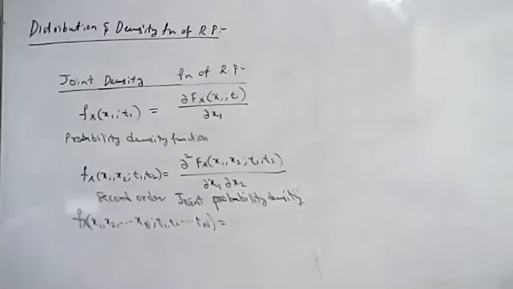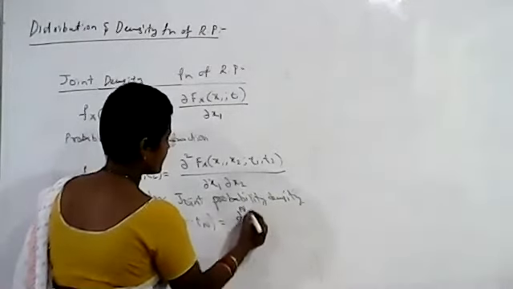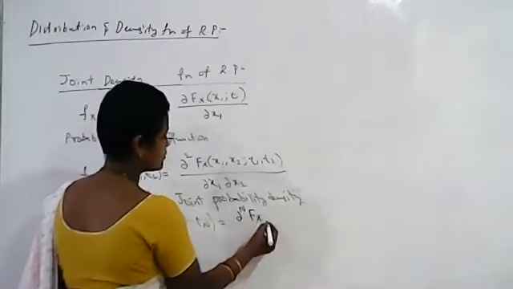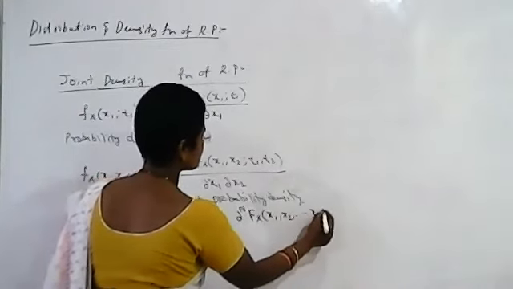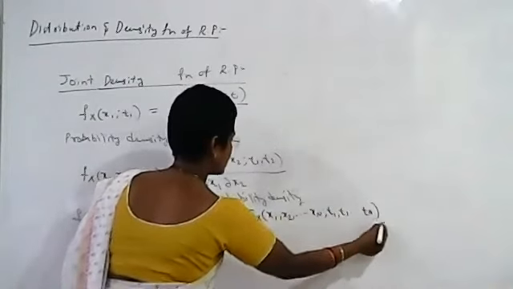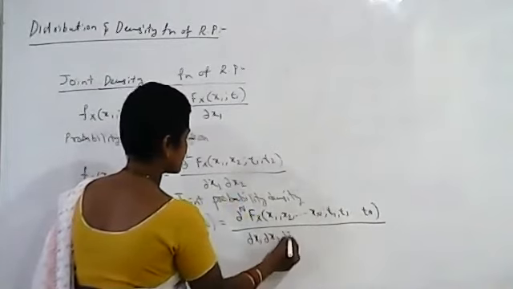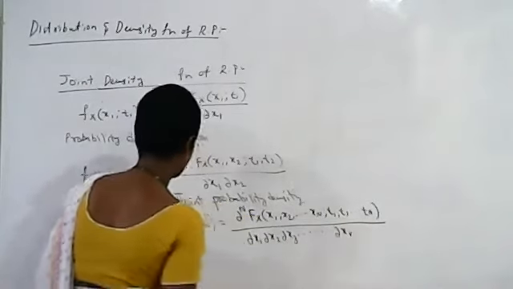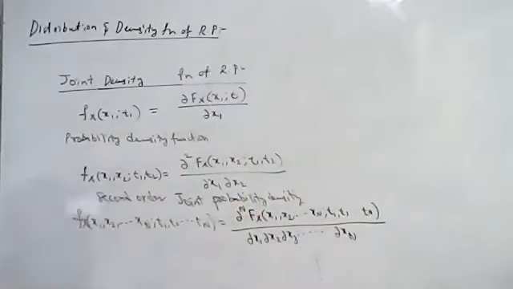This can be written as partial derivative of order n of that distribution function, the nth order distribution function, with respect to the random variables. What are the random variables here? X1, X2, X3, so on, Xn. So this is called the nth order joint probability density function.